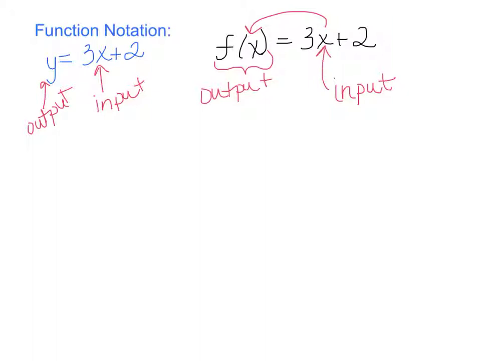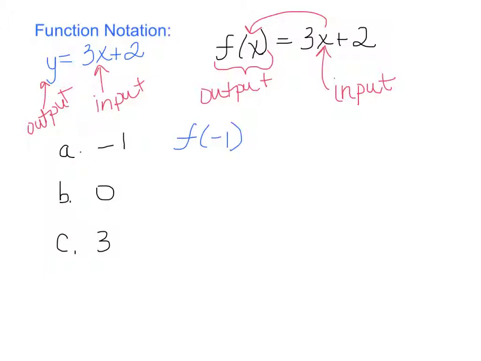And so they will give you values to plug in. And let's say they wanted us to plug in -1, 0, and 3 into our function. So for the first one, you will write it as f of -1.